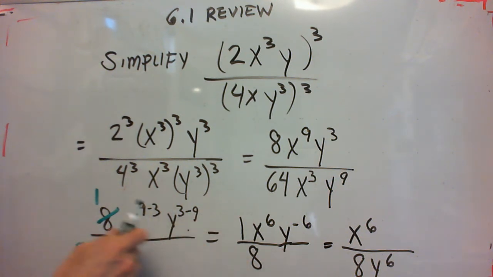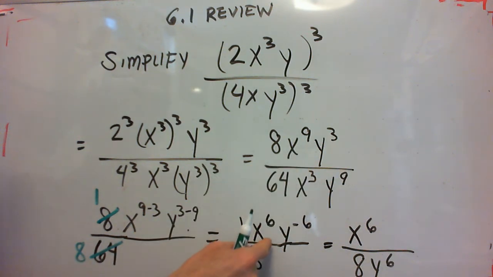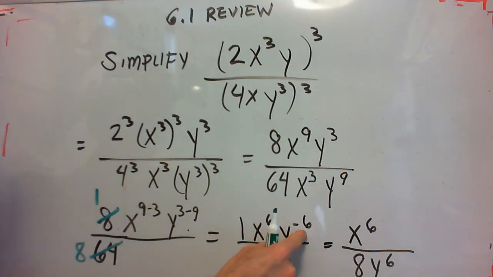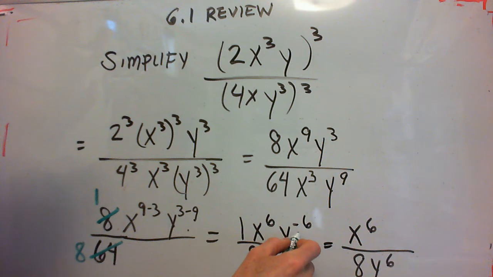So we get the 1 over 8. X to the 9 minus 3, using the division rule for exponents, makes x to the 6th. Y to the 3 minus 9 is y to the negative 6. But we move that y to the negative 6 into the denominator as y to the positive 6 power.